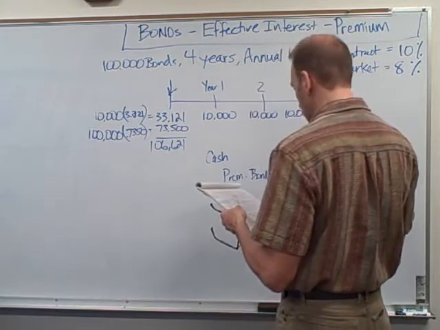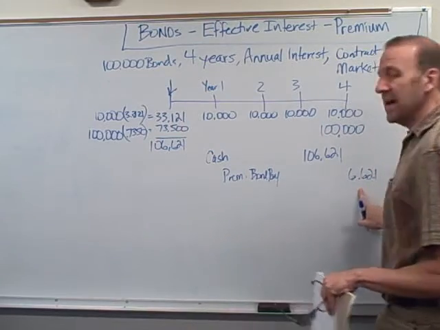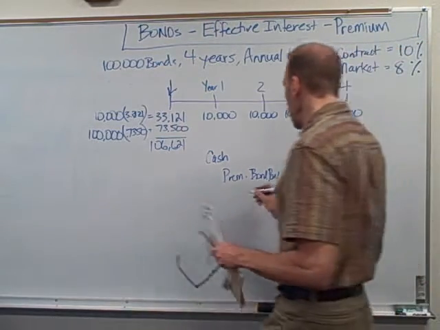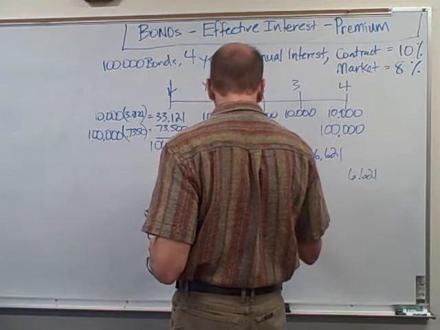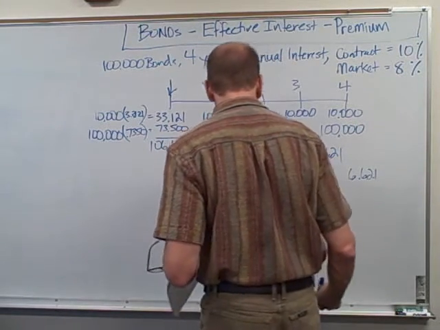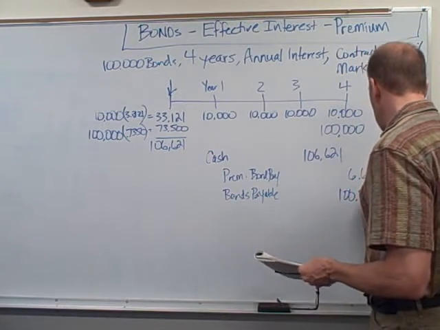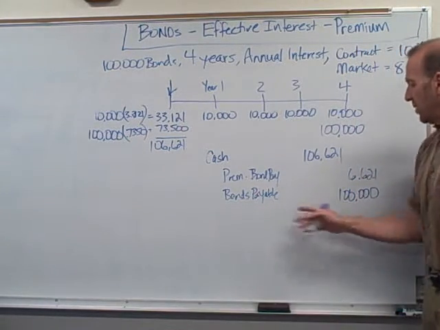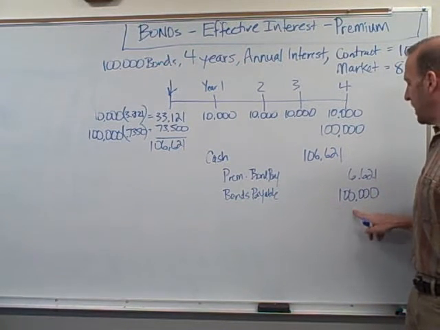Premium on the bonds payable is 6,621. The premium's recorded as a credit. And then we've got our bonds payable. Okay, and that's 100,000.